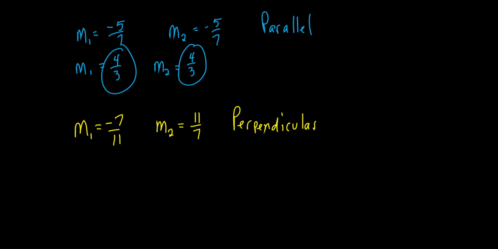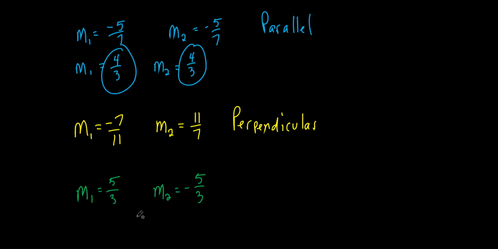What about this? What if the slope of one line was 5/3 and the slope of another line was -5/3? Now you got to think. Are they parallel to each other?